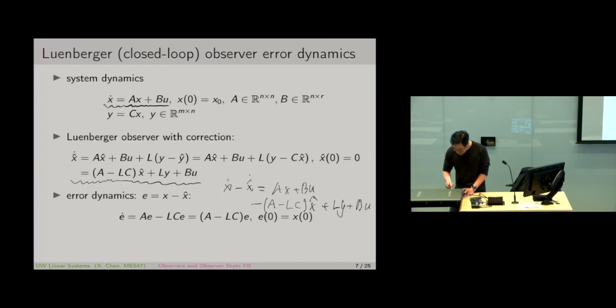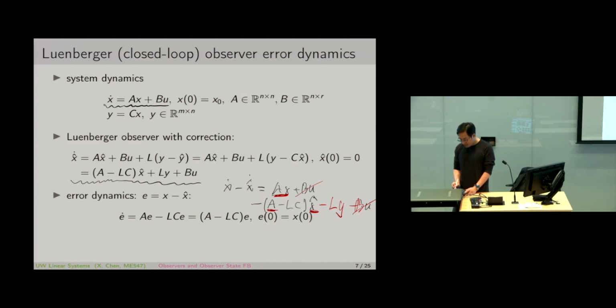Some terms are going to cancel out, and then some terms can be combined. This Bu term cancels out. This is going to be a minus sign over here. So the Bu term gets canceled out. And then we have an Ax over here. We have an A x hat over here.